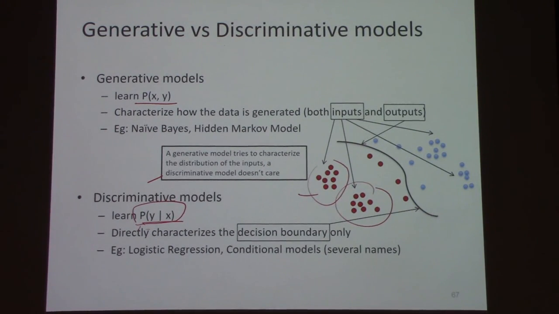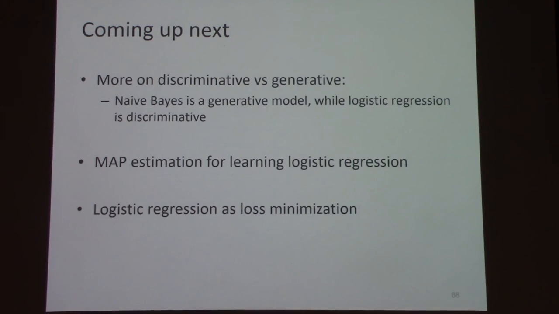So coming up next, I'm going to tell you a little bit more about generative and discriminative models. It turns out the Naive Bayes classifier that we just saw is a generative model, and logistic regression can be interpreted as its discriminative counterpart.